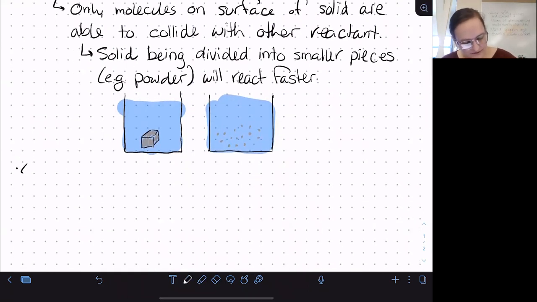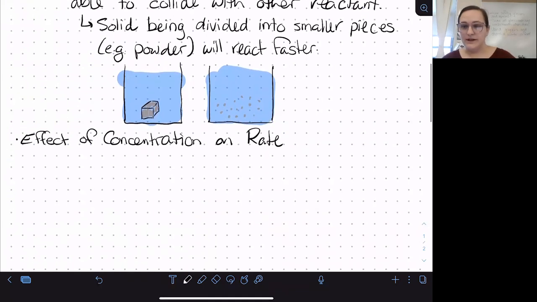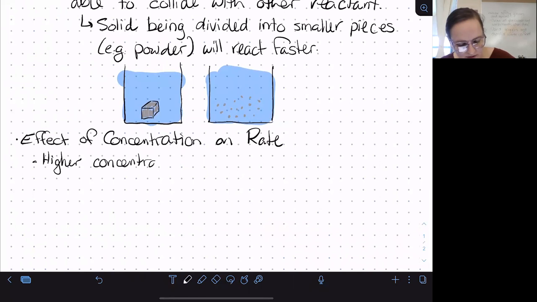So the other factor we're going to discuss is the effect of concentration on rate. And this is something that we'll discuss more in later lessons, the exact mathematical relationship, because there is one. But in general, a higher concentration, and when we're talking about concentration, we do mean molarity, moles per liter.